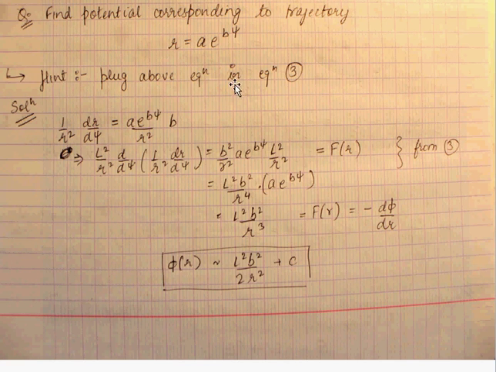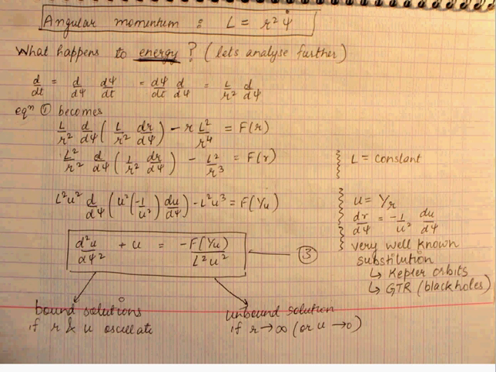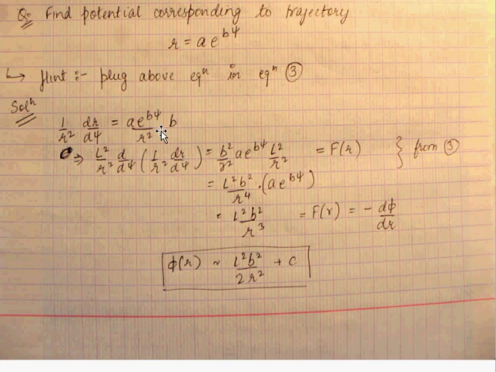Just hide it or pause the video and try doing it yourself. The hint is that you could use equation 3. You just substitute what's given in the question in this equation, and you would end up obtaining the potential. The hint is over here.